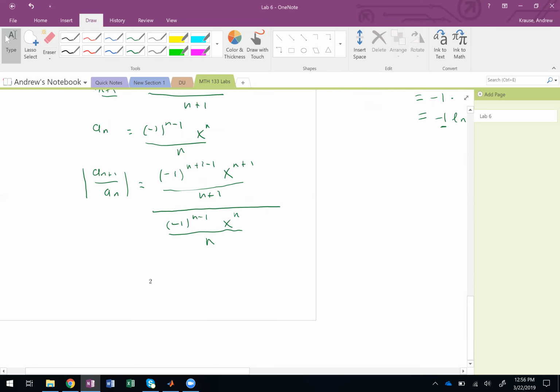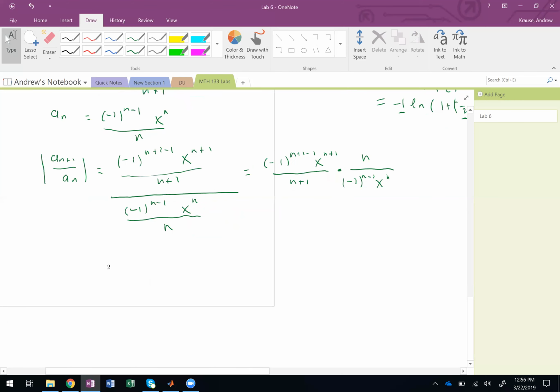When I divide by this fraction, that's the same as multiplying by its reciprocal. So its reciprocal is n over (-1)^(n-1) x^n.